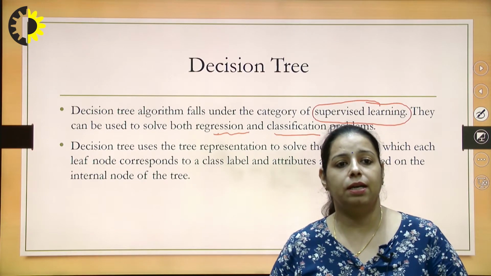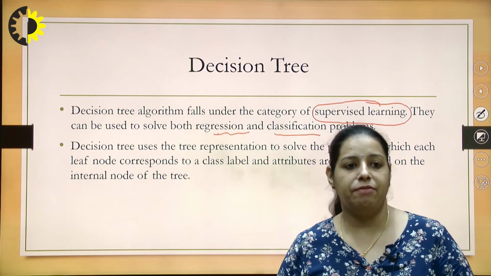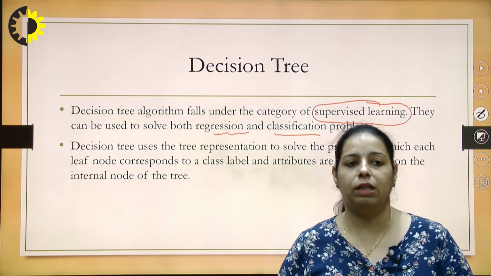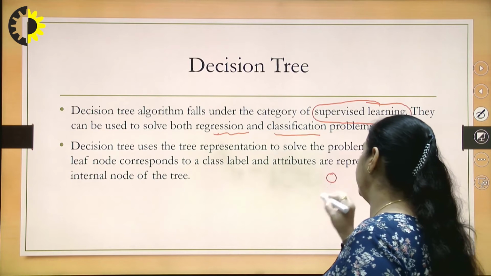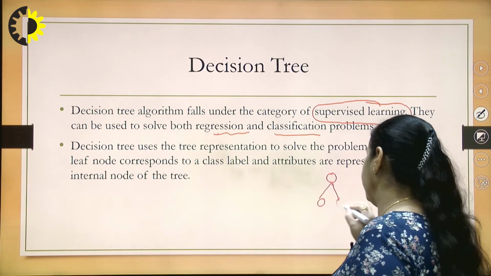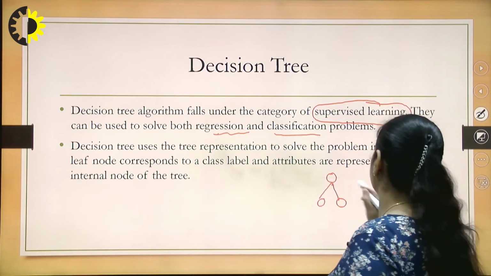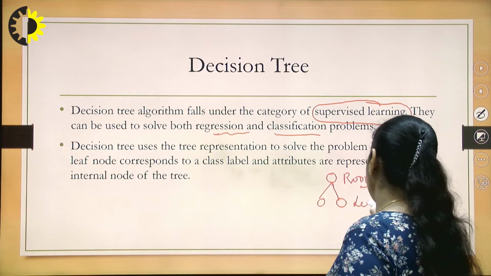A decision tree uses the tree representation to solve the problem, in which each leaf node corresponds to a class label and attributes are represented on the internal nodes of the tree. So if we look at the decision tree, it is like a simple tree where we have a root node and we have a leaf node.